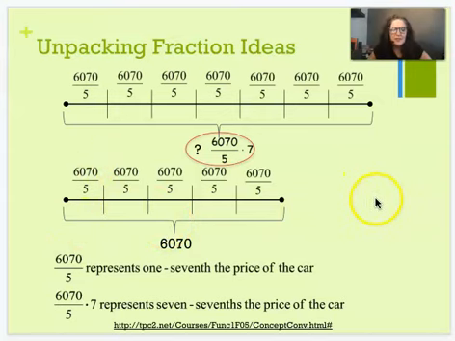So 6,070 divided by 5 represents 1/7 of the price of the car. If I copy 6,070 divided by 5 7 times, I find 7/7 of the price of the car, which would be my answer.